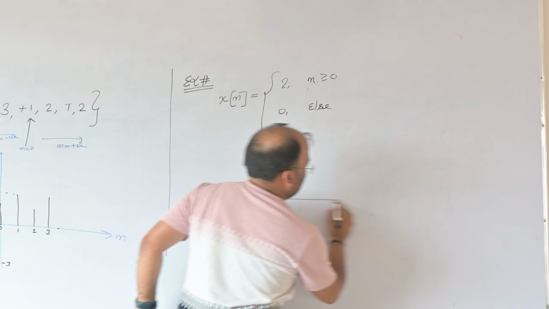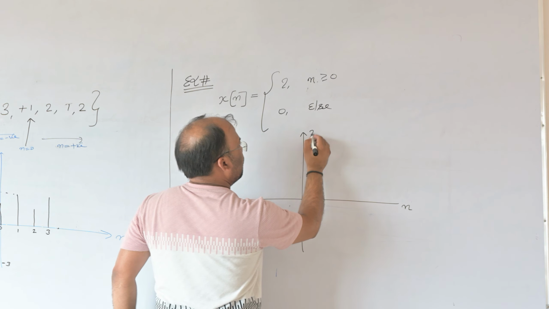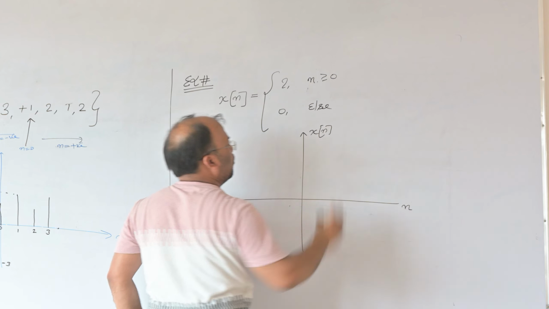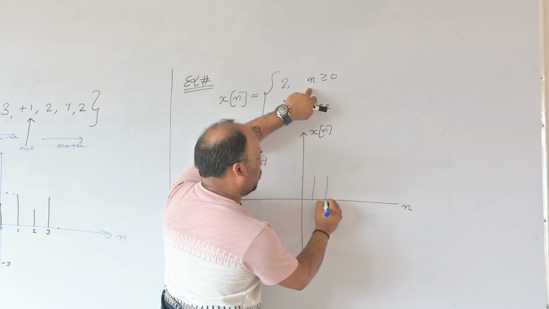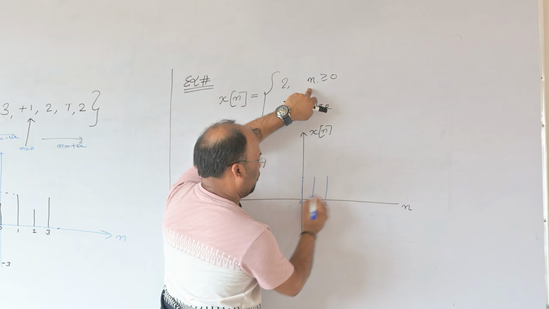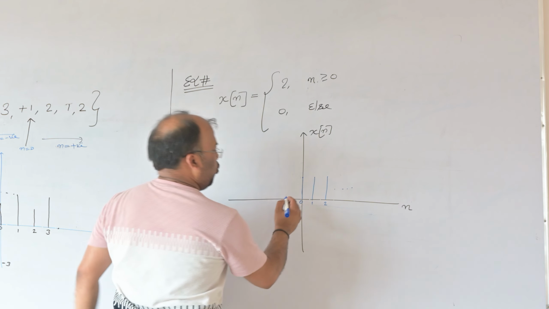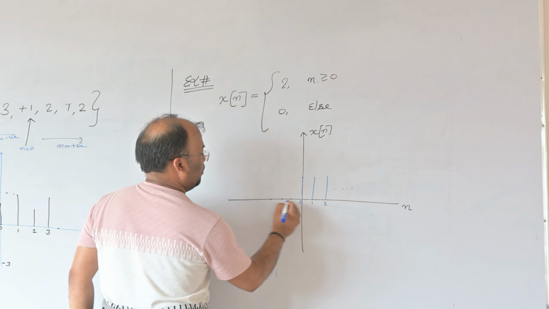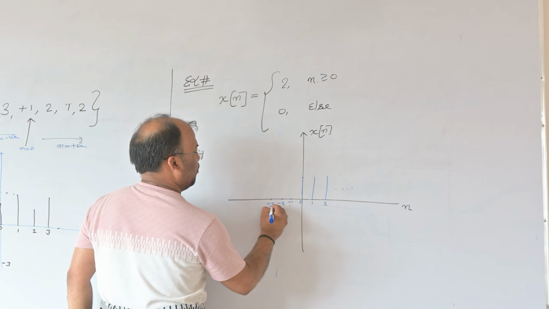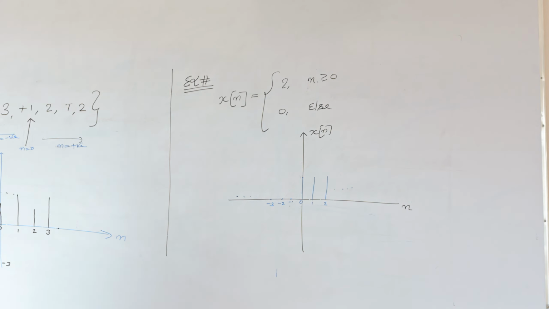To plot this, for n equal to 0, magnitude is 2, n equal to 1, magnitude is 2, and so on, n equal to 3, 4, 5. For the negative side, n equal to -1, magnitude is 0, -2, magnitude is 0. So this is how we can plot a discrete time signal.